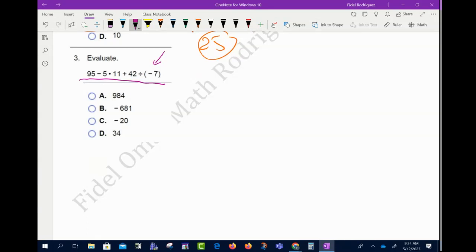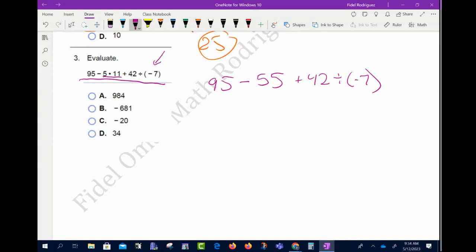Do we have any exponents? No. Okay, we're going to look now at multiplying, dividing as we go from left to right. As I go from left to right, doesn't that look like multiply? Okay, so we're going to go 95 minus, what's 5 times 11? 55, right? Good. Plus 42 divided by a -7.